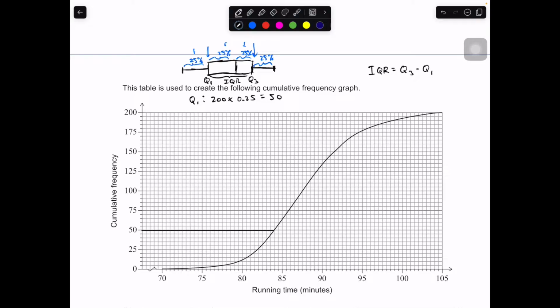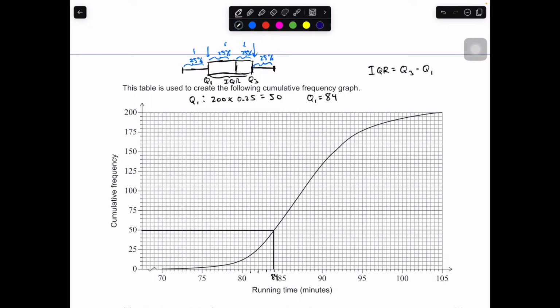In this case, 25% of 200 is that movie ranked 50 out of the 200. So let's see, this is 81, 82, 83, and this would be 84. So we know that Q1 is equal to 84.